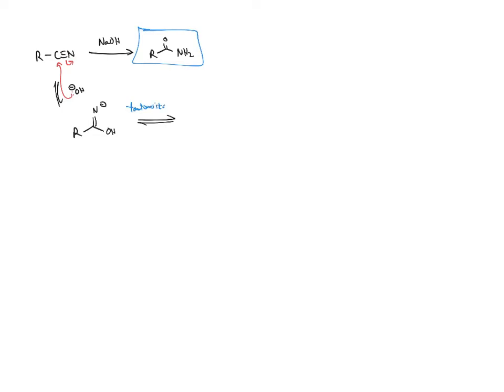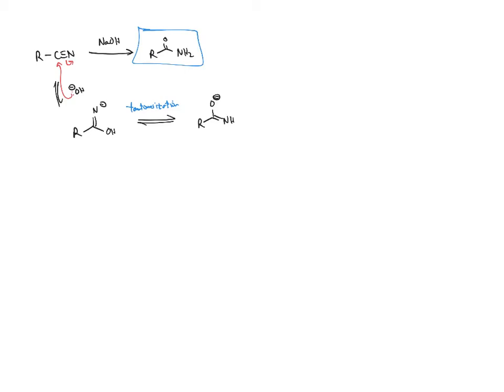But when we tautomerize, we're going to get an intermediate that has a negative charge on an oxygen atom. So actually it's not even a tautomerization yet, it's a resonance delocalization.